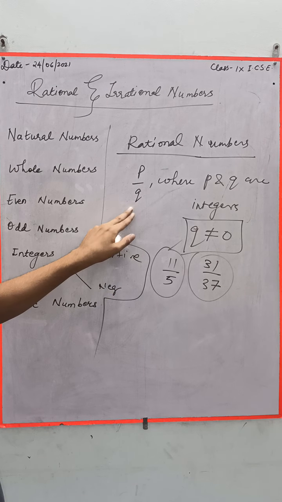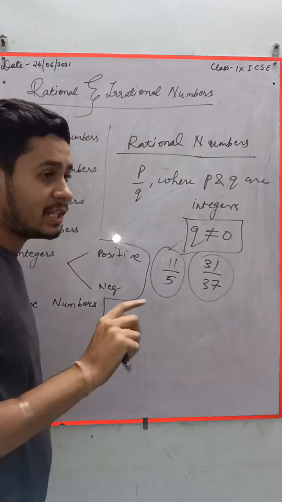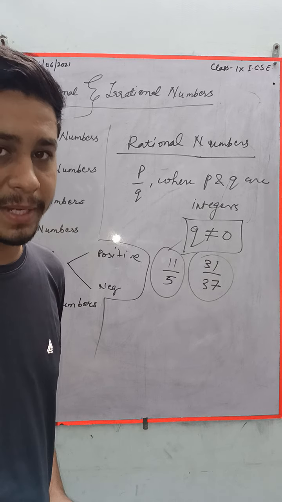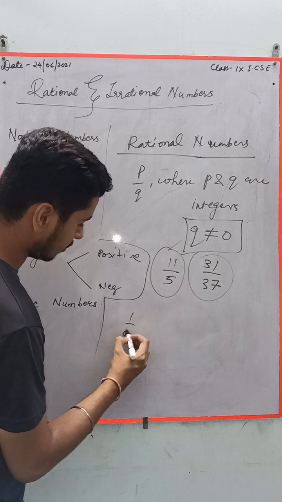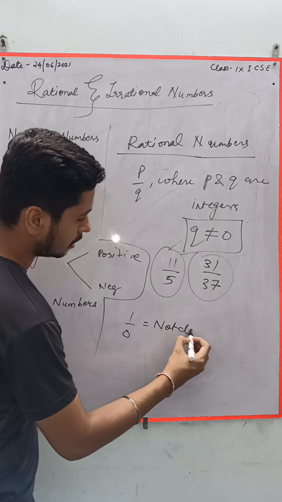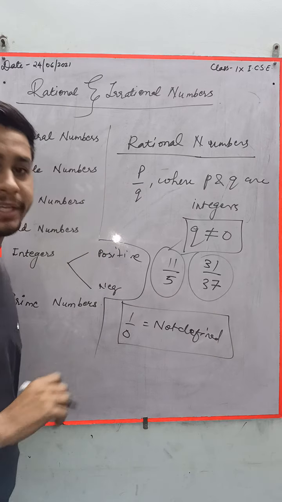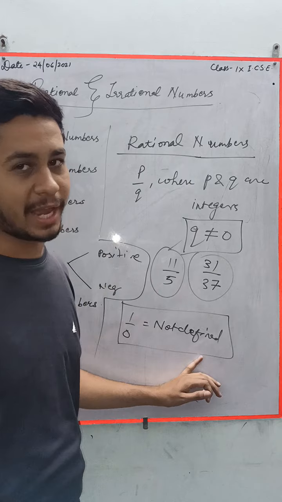It says the denominator should not be equal to 0, because if you divide anything by 0, you will get not defined. That means it is not defined in mathematics. You cannot divide anything by 0. Okay, that is why 1 upon 0 is not defined. Okay, and as I have already made a video on this mathematical fact, why 1 upon 0 is not defined, you can go and watch that.